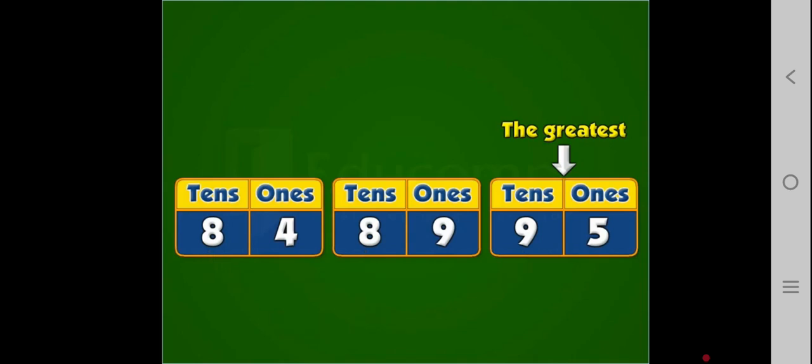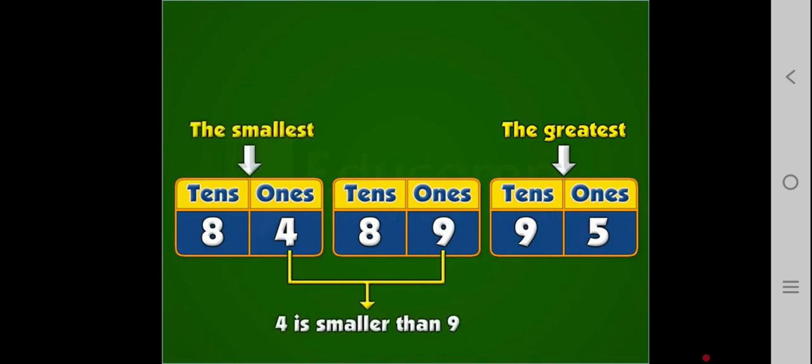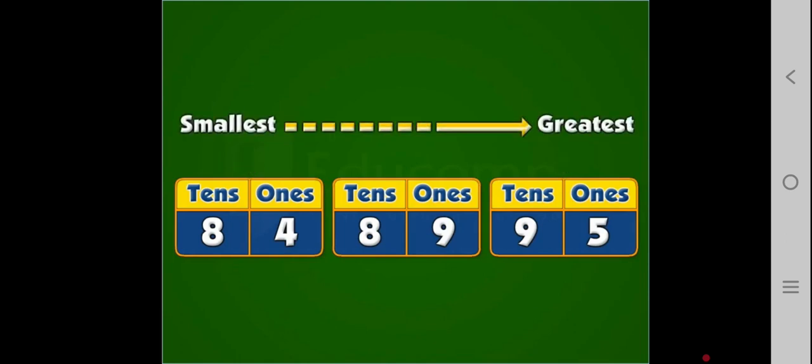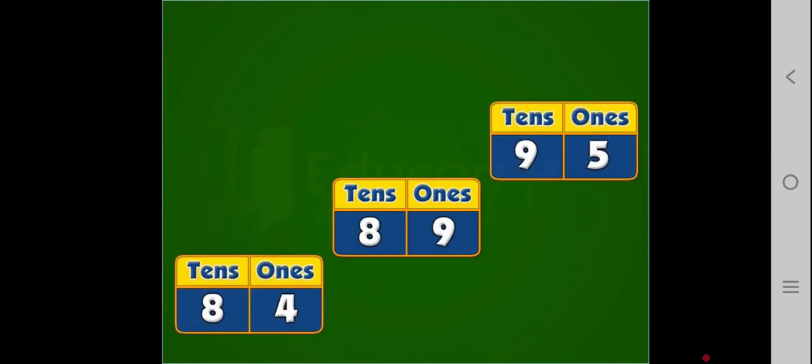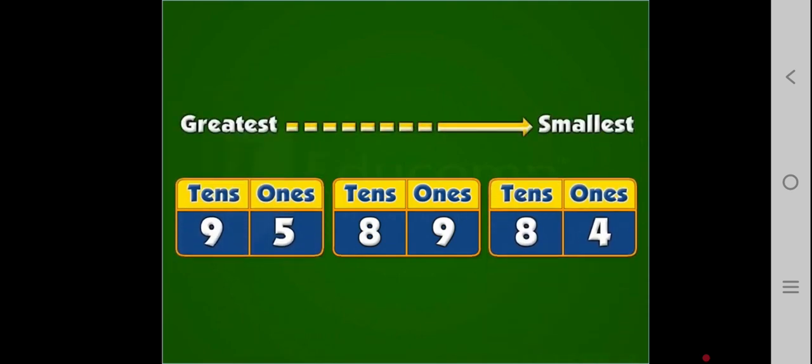That is, we compare 84 and 89. 4 is smaller than 9. So 84 is the smallest. If you arrange them in the smallest to greatest order, it would be 84, 89, 95. If you arrange them in the order from the greatest to the smallest, it would be 95, 89, 84.